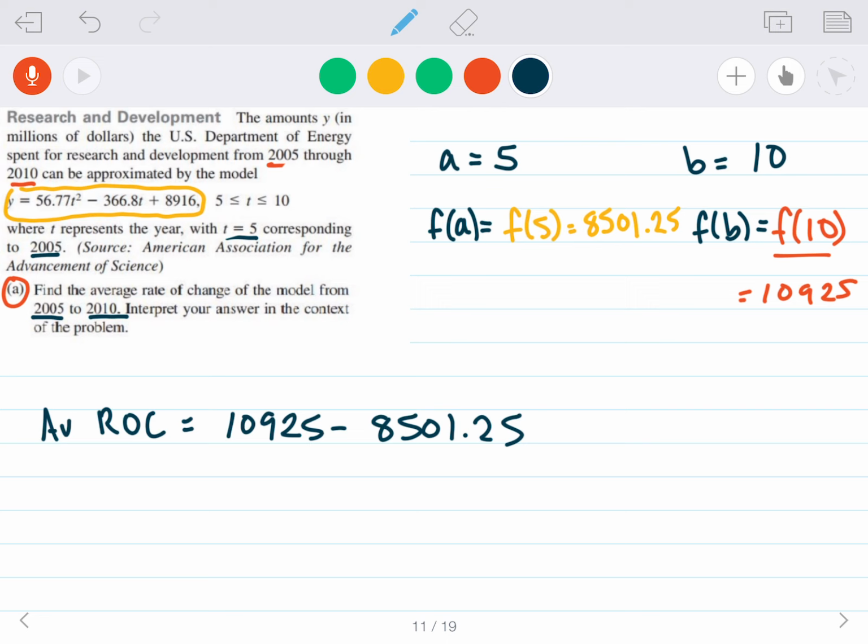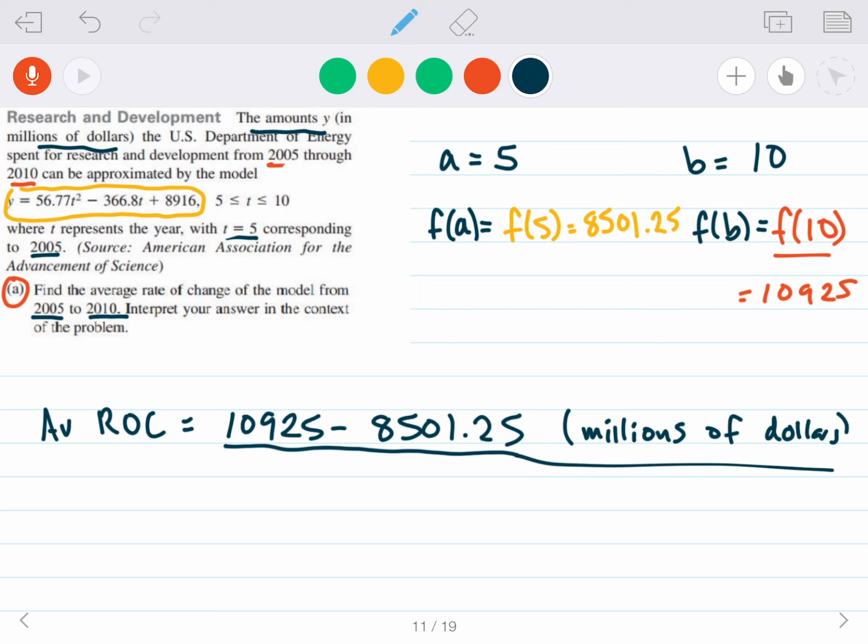And what are the units of the top and the bottom? Well, the output is going to be, it says the amount Y in millions of dollars. So this is millions of dollars. And this is going to be over B minus A, which is 10 minus 5.